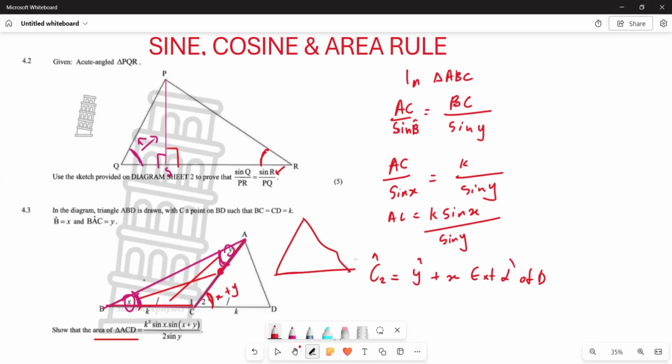You need the angle in between, and the side here and also the side here. Because we have K, we have the expression of our AC.